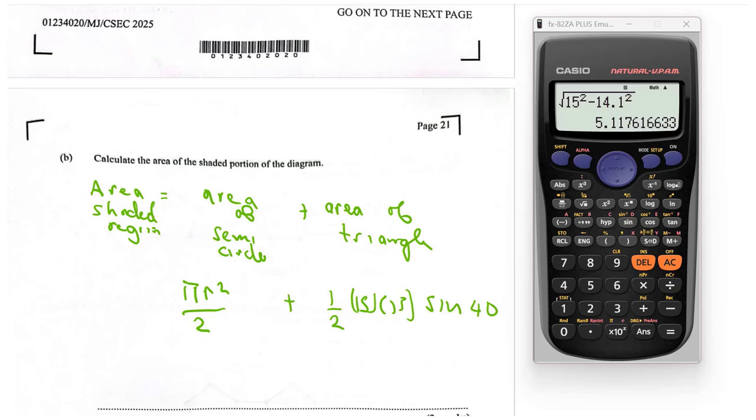So we're going to use pi as 22 over 7. So it is 22 over 7 times r. We're getting r as 5.1, and then we square it, divide that by 2, plus half of 15 times 15, we can write that as 15 squared, and then sine of 40.